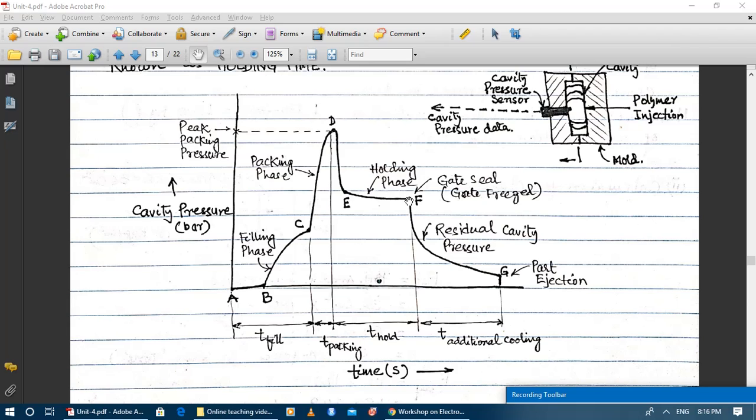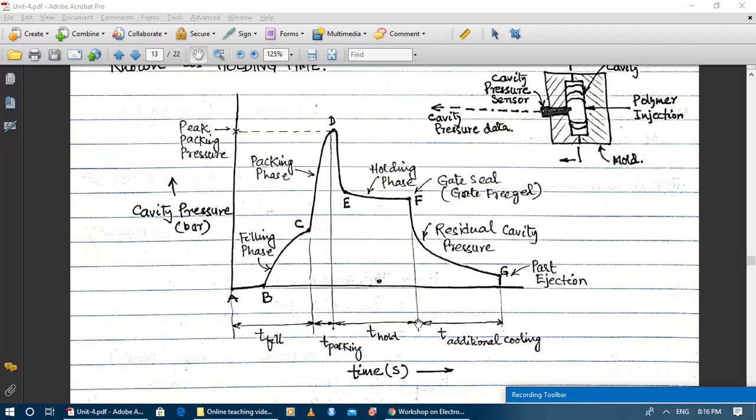Now the pressure will further decrease in the cavity. Why will it decrease? Because upon cooling the material will undergo shrinkage, and when the material shrinks the pressure decreases, and this is the residual cavity pressure with respect to time. At point G the mold will open and the molded component will be ejected.